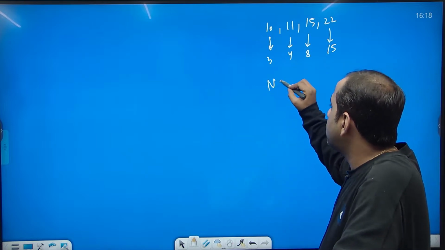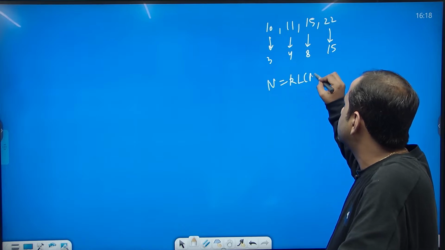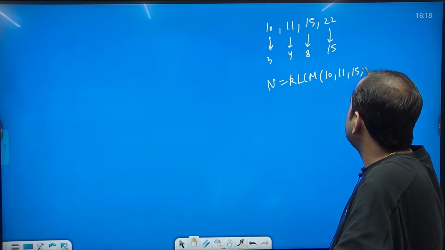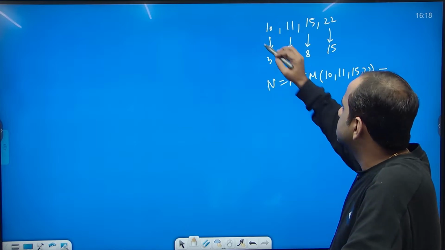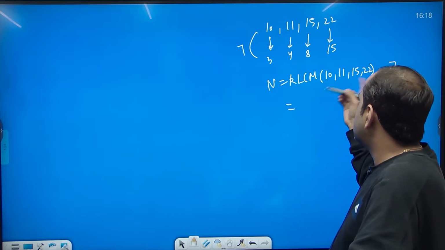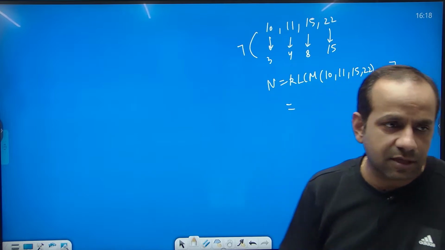So number is of the form k into LCM of 10, 11, 15, 22 minus difference here is 7. So tell me the LCM of 10, 11, 15 and 22 क्या आएगा?